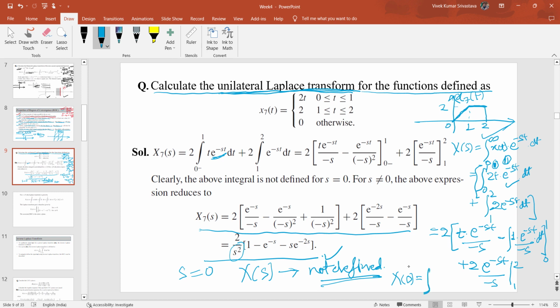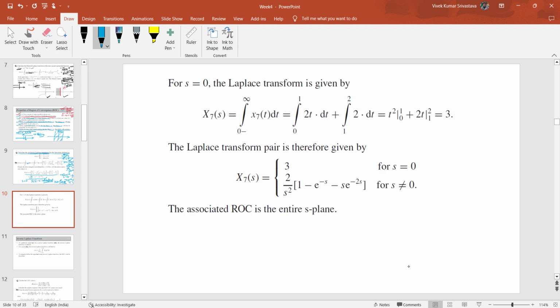The integral now becomes the integral from 0 to infinity of x(t) into e raised to the power minus 0, which is equal to 1, dt.